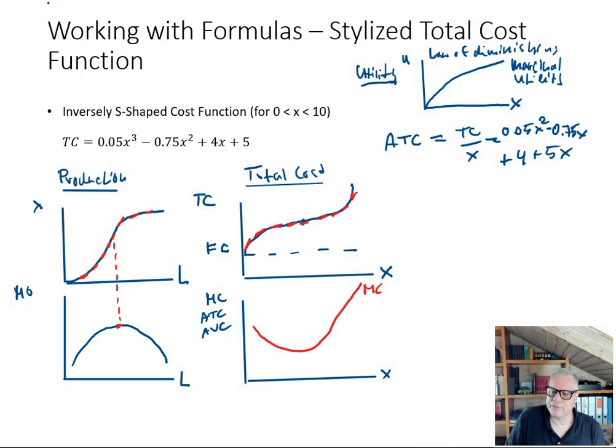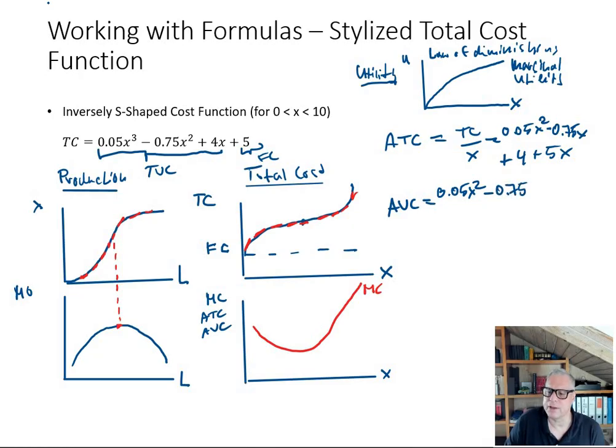And the average variable cost, so the variable part is only this. This is the total variable cost, and this is a fixed term, it's the fixed cost. So then the average variable cost is simply 0.05 x squared minus 0.75 x plus 4.